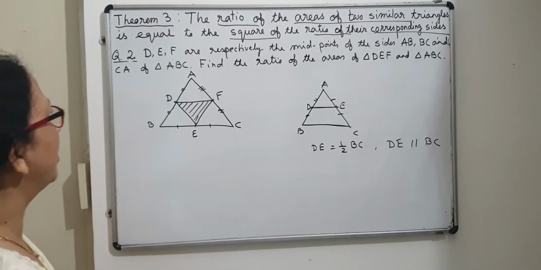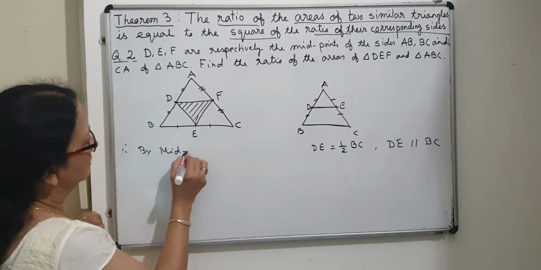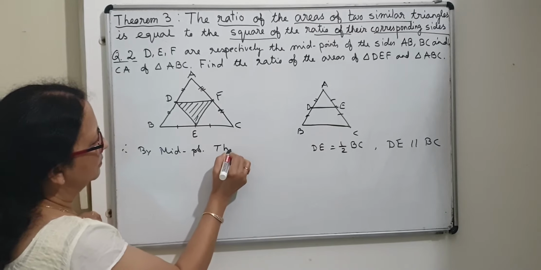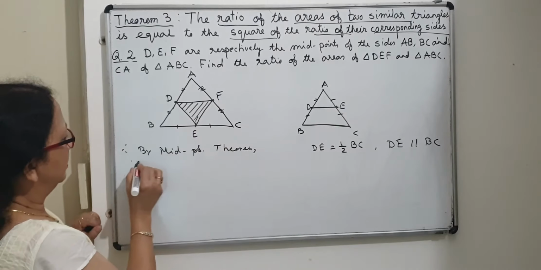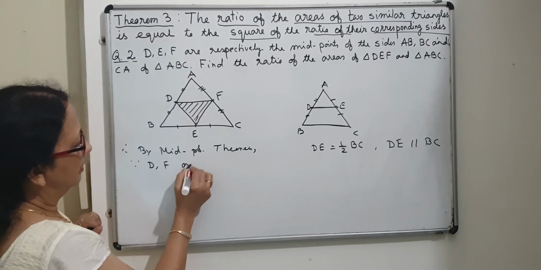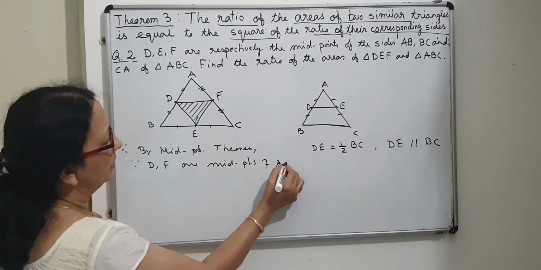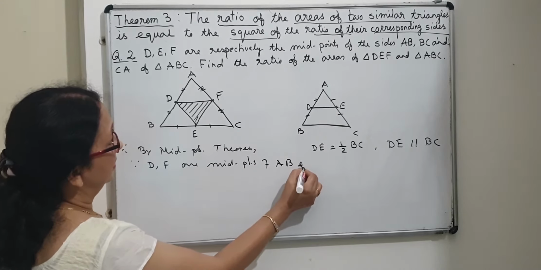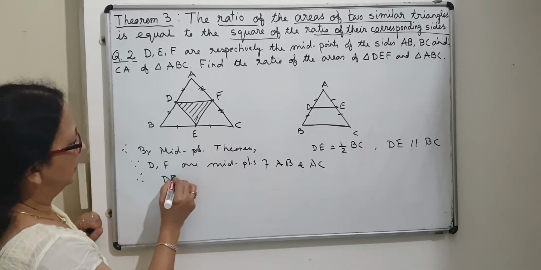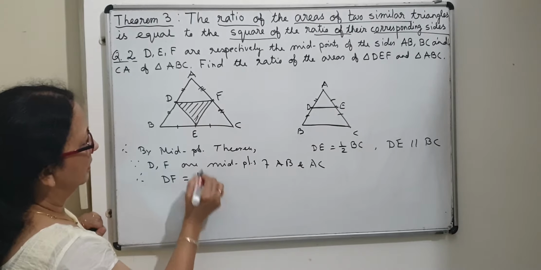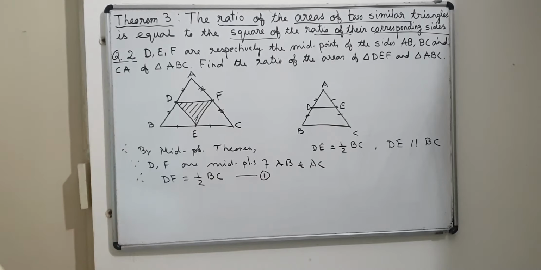So by the midpoint theorem we can write, first we take DF. Since D and F are midpoints of AB and AC, therefore DF will be half the third side, meaning BC. Equation 1.